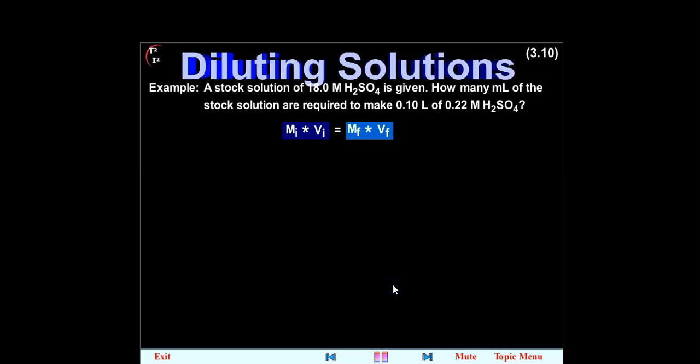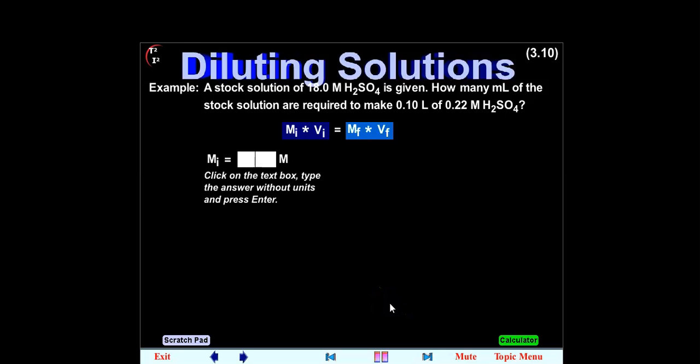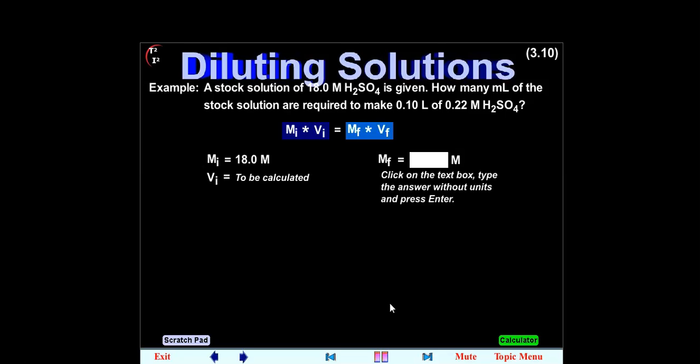MI times VI equals MF times VF. MI equals 18.0. VI equals, to be calculated. MF equals 0.22.